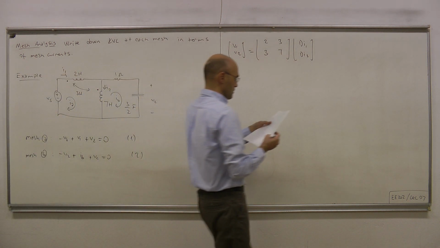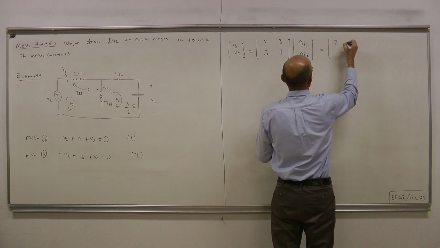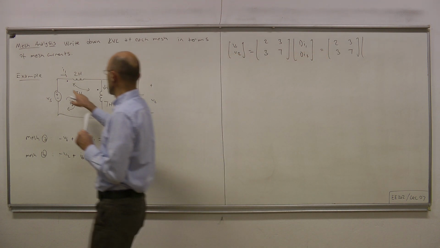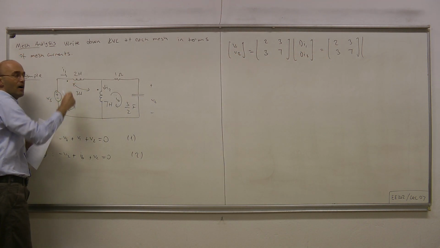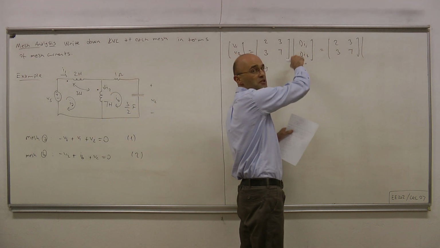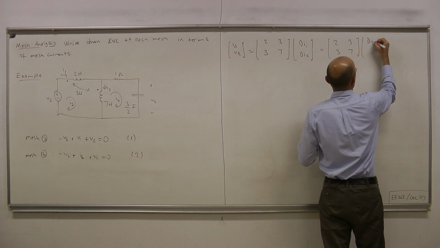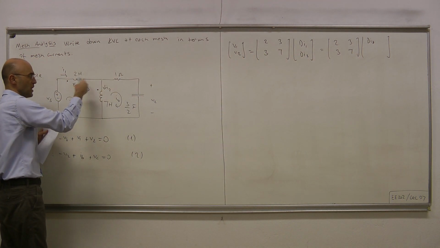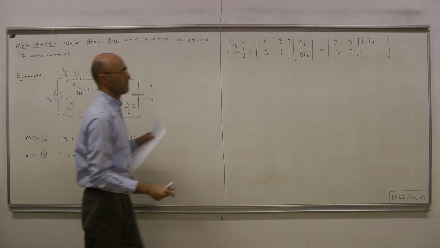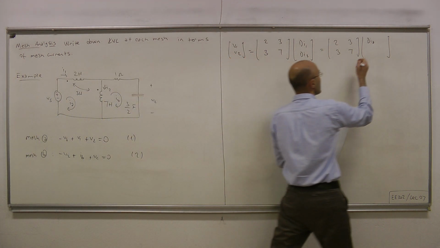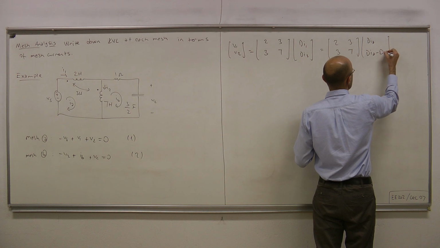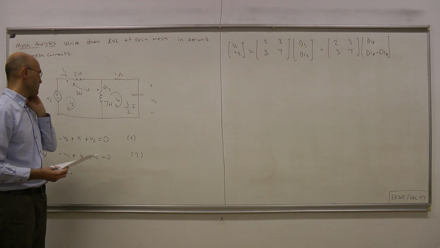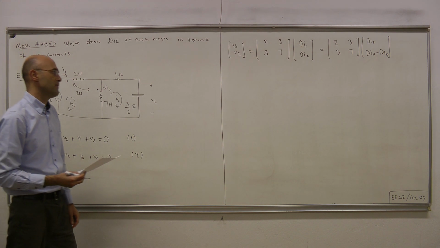I1 is no other than IA, therefore d i1 is d IA, and as for I2, it's IA minus IB. Therefore, d i2 is d IA minus d IB. And that's our expression for V1 and V2. It was easy.